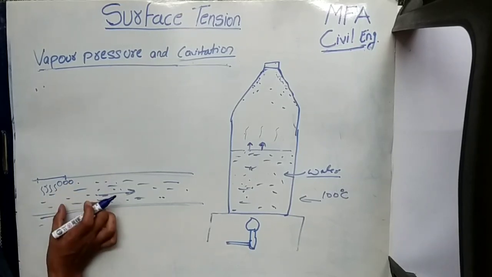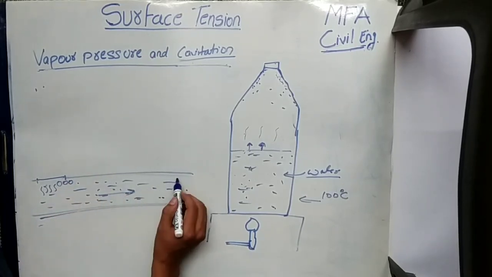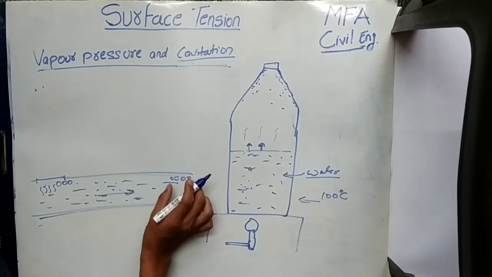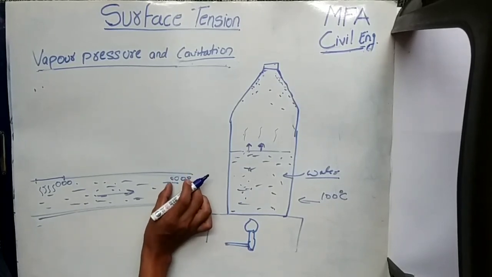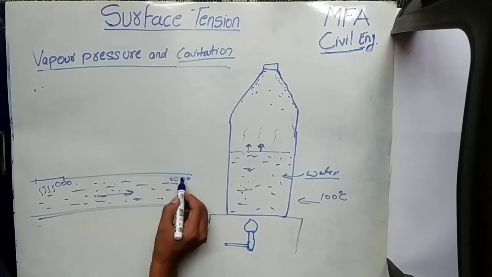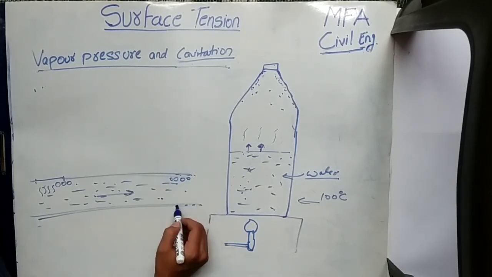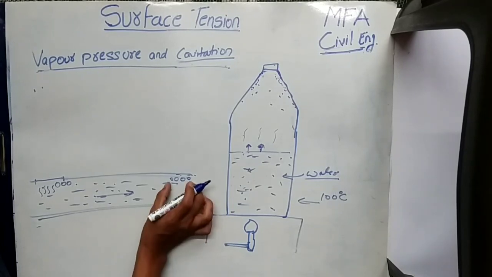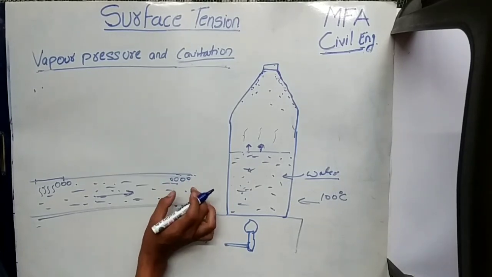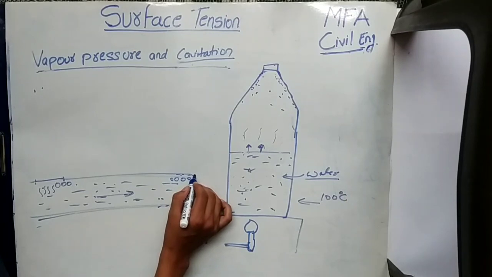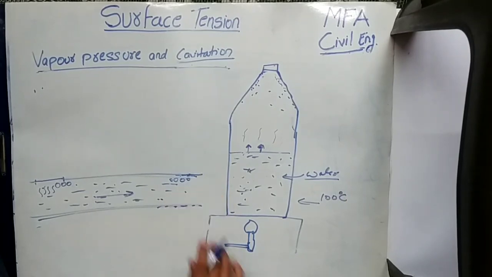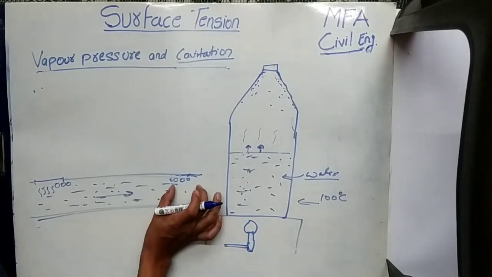These bubbles travel with the liquid from a low pressure to a high pressure zone. When the bubbles reach the high pressure zone, they collapse and create a high impact pressure on the sides of the system. This high impact pressure erodes the surface of the system and also forms cavities. This phenomenon is called cavitation.